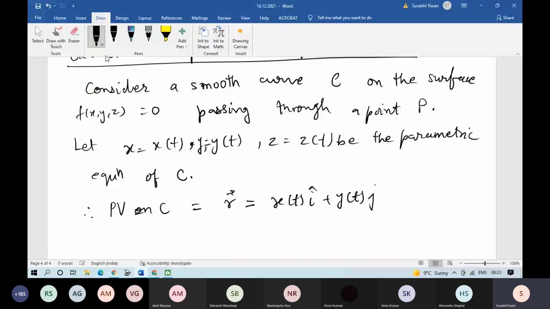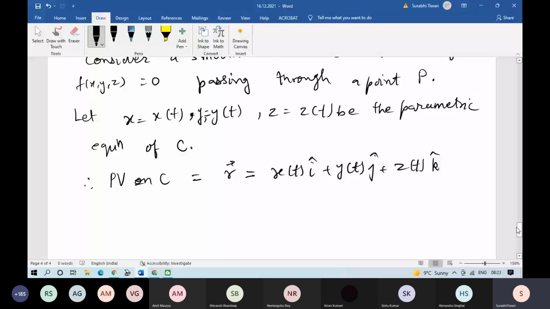I am just illustrating this because maybe the parametric equation is given in the question and something is asked, then you cannot say that the position vector is not given. You can find the position vector using the parametric equation.